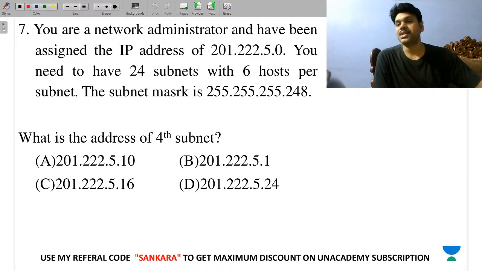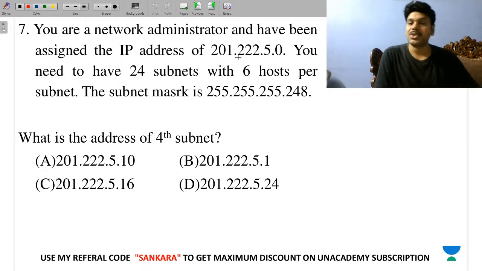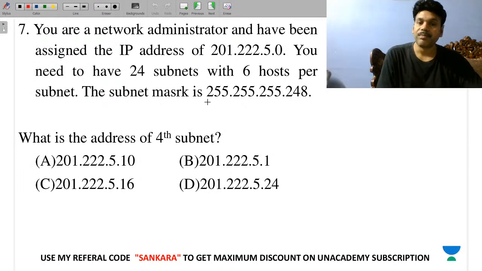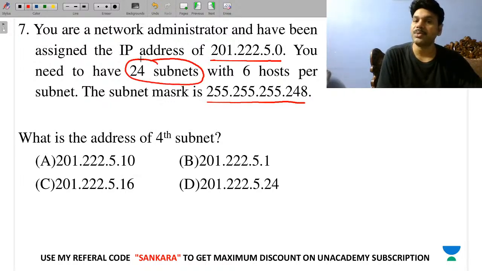If you look at the 7th question, it is also classful only, which is in this range, and this is your IP address. What he is asking: 24 subnets we want to make, and each subnet needs 6 host IDs.